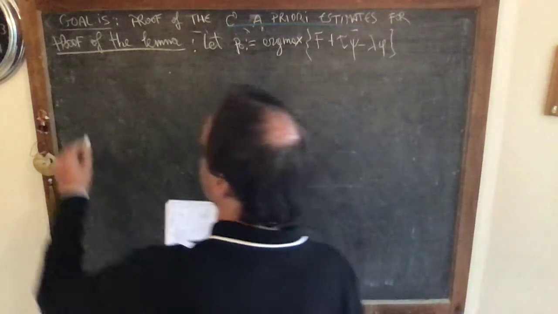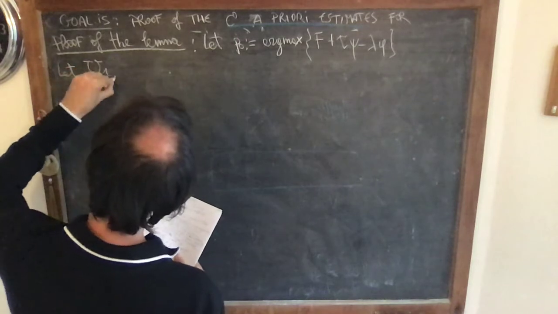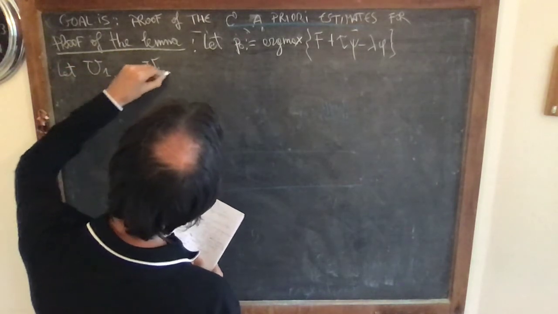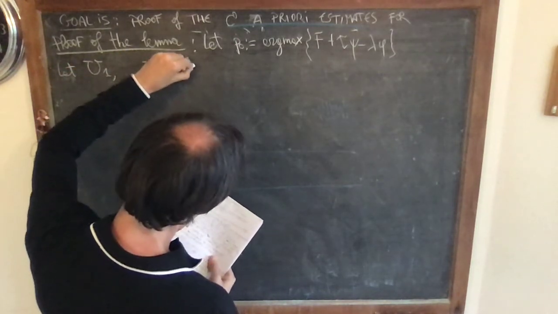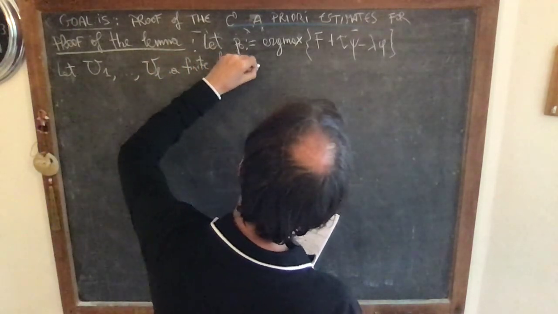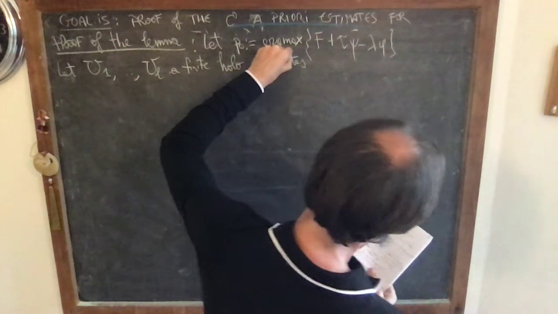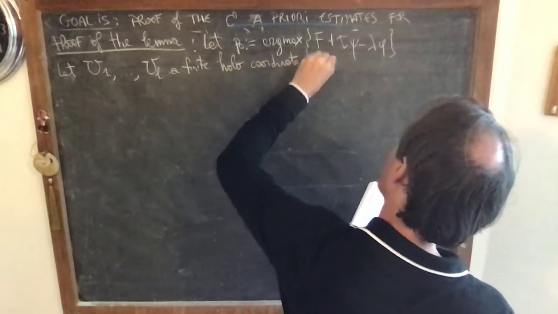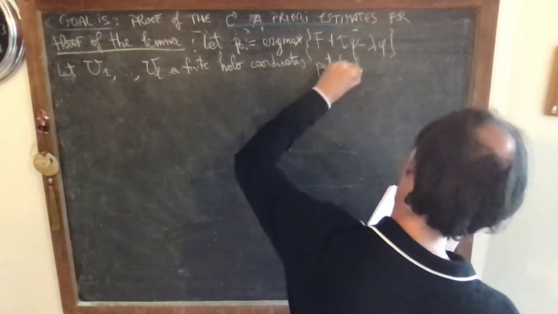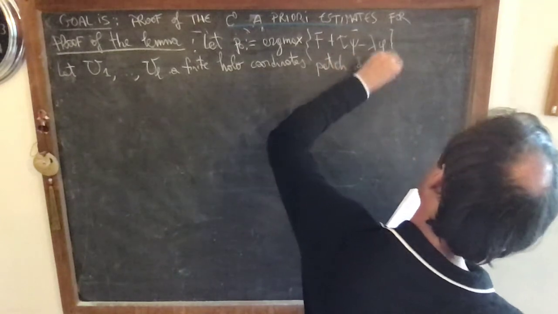Now let U1, ..., UL be a finite holomorphic coordinates patch over the manifold.